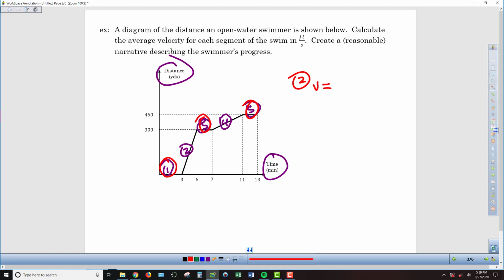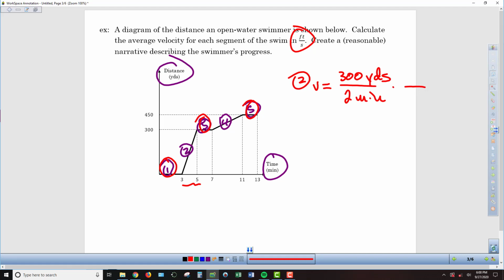So for segment 2, our change in distance is going to be 300 yards divided by, we can see that we have a period of 2 minutes that goes by. And so if we want to convert that into feet per second, we have a little dimensional analysis work to do. And we'll gloss over our significant figures here a little bit and just assume that everything is an integer value.